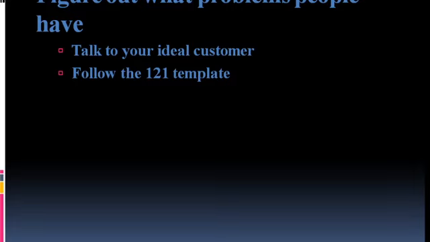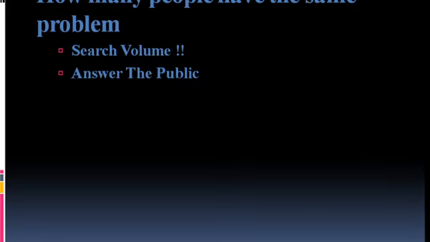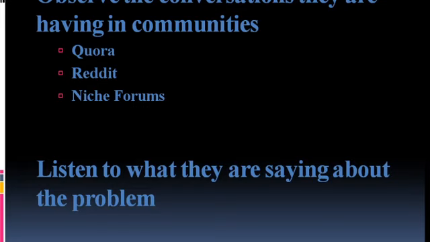Talk to them about what they're going through right now, and follow the one-to-one template that I have already given you, because that will help you extract the right information and understand how many people have the same problem. To find out how many people have the same problem, Answer the Public is one tool, and a new tool we are going to learn today is Ahrefs Keyword Generator. I will share the link and show how the exercise can be done live.